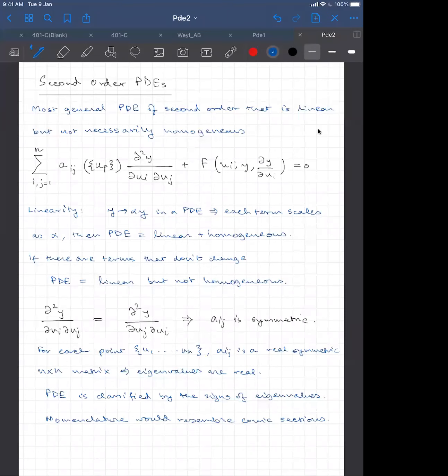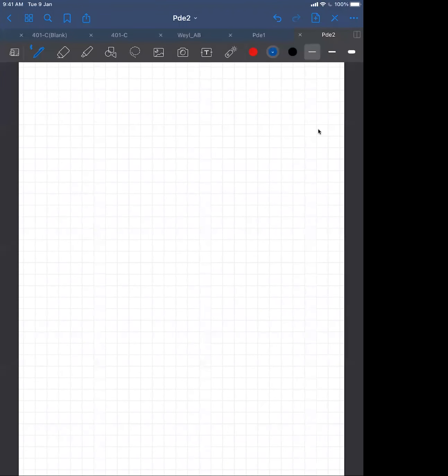So now let's remember what a conic section is defined by. If you remember, this is going to be Aij xi xj plus Bi xi plus C is equal to 0. Okay, so this is going to involve a real symmetric 2 cross 2 matrix Aij with eigenvalues lambda 1 and lambda 2.